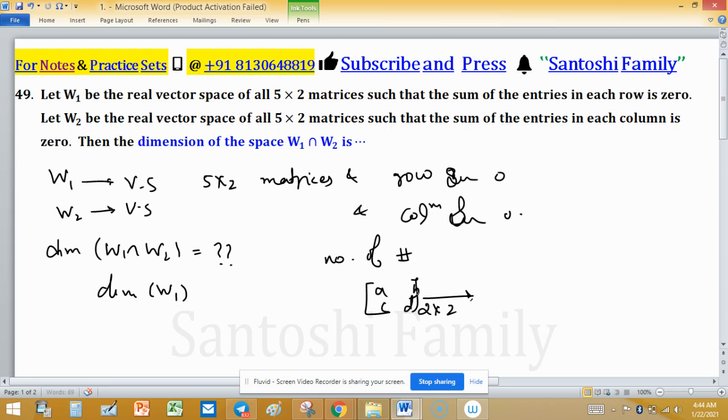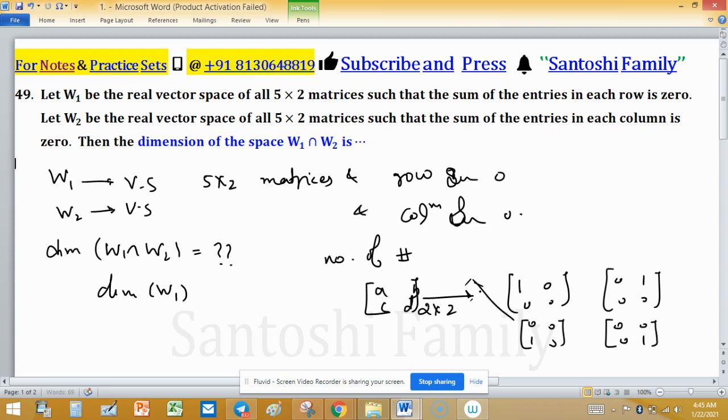Again, in place of B make 1 and other entries 0. In place of C make 1, and in place of D make 1, and other entries 0. Then these are the elements in the basis.